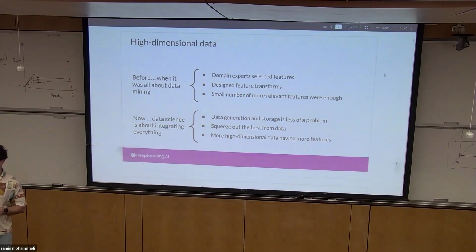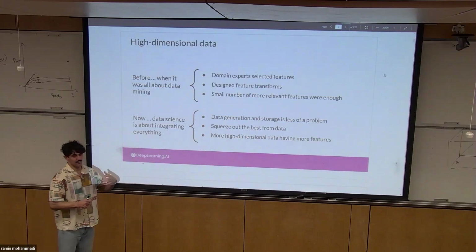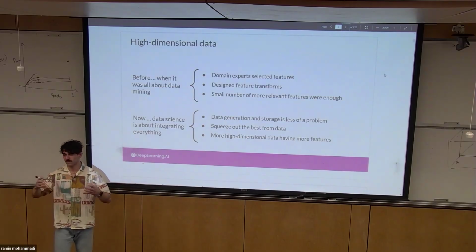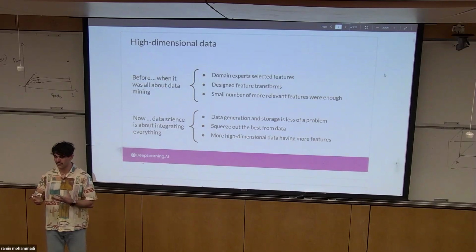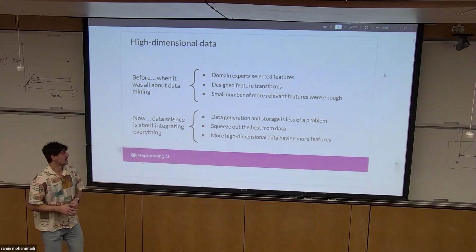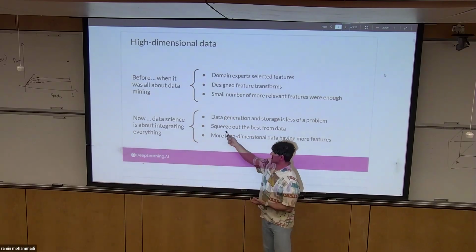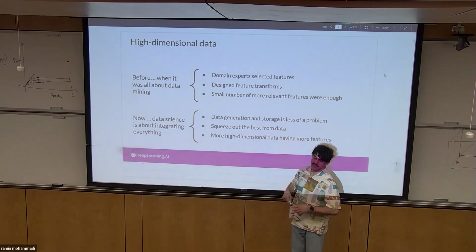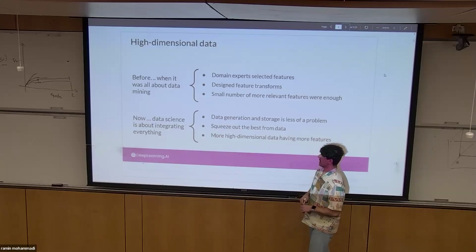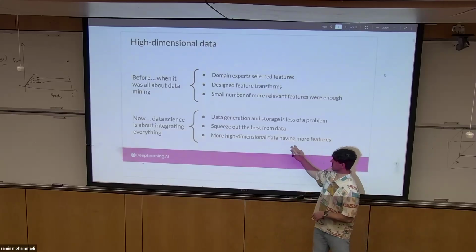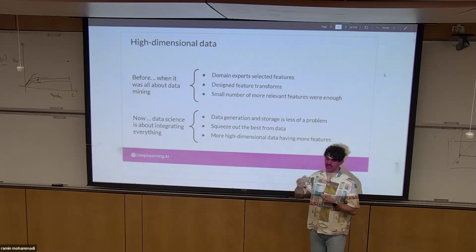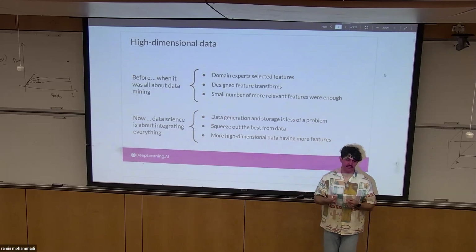You build all these features from domain experts and so on, feature engineering. But now we have lots of compute, we have lots of storage. So these days we don't care much about those things. But one thing that we still care about is to squeeze the most out of the data, right? And we also need to know the challenges that high dimensional data have.